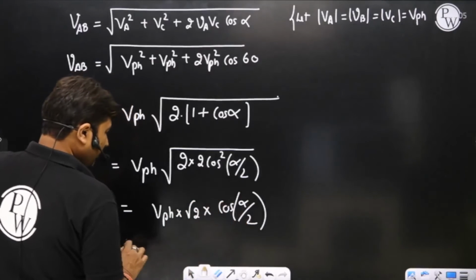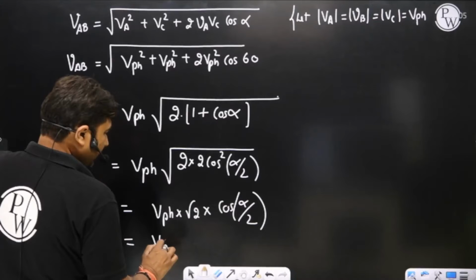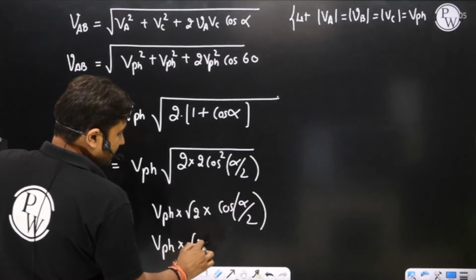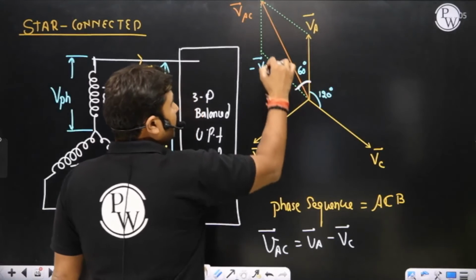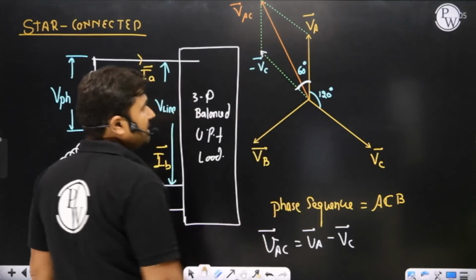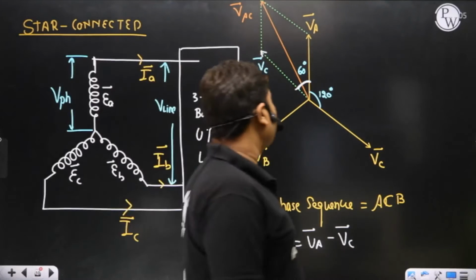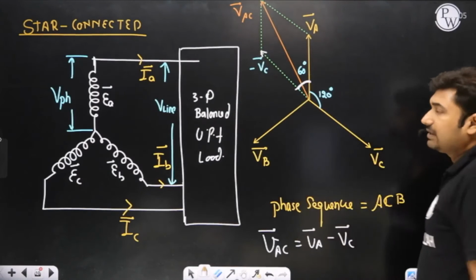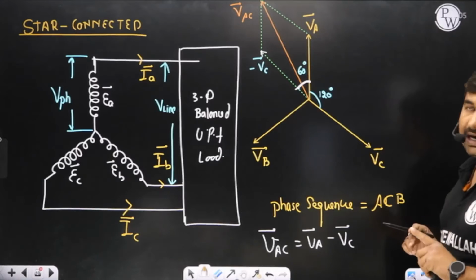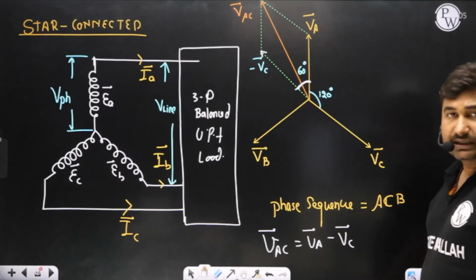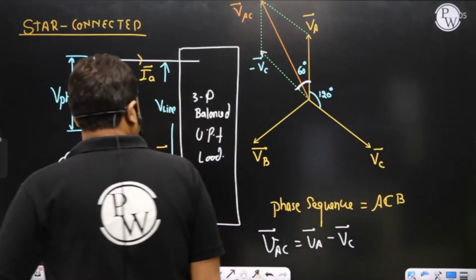What is the value of alpha here, sir? Alpha is, sir, 60 degree. That is the angle between VA and VC. Whenever we have to perform a phasor subtraction, we always refer arrow tip to arrow tail, and we can use the parallelogram method. Is it okay? Yes, sir.